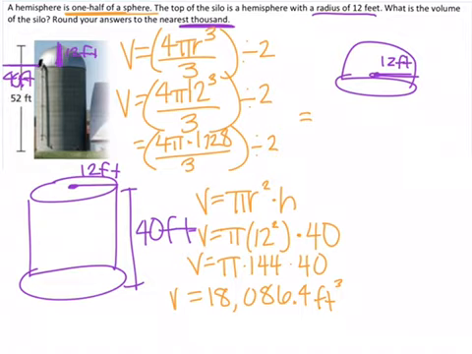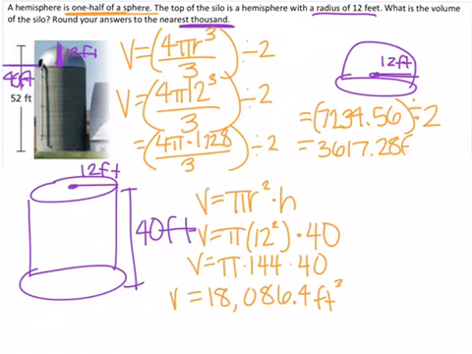What I end up getting is 7,234.56. But then, remember, that's for a whole sphere. We have a hemisphere here, so we're going to divide our answer by 2. I end up getting 3,617.28 cubic feet.